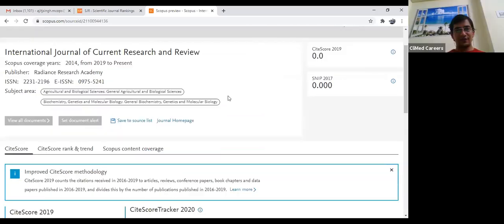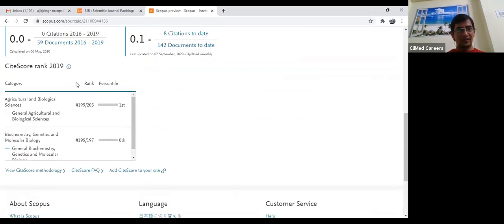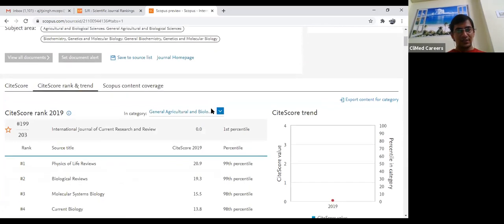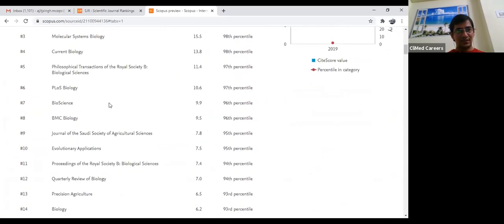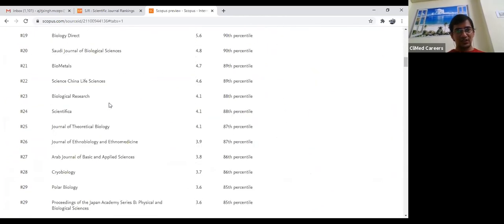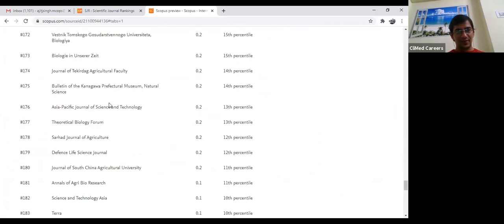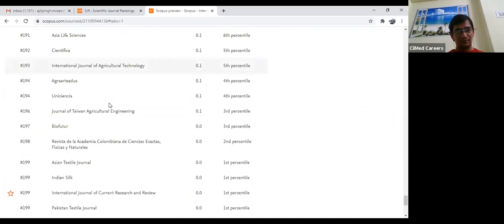You can search if you want to see more things about this journal. You can go to the rank here. In this biological science list, I think they have the top journals, and this journal, if we see, is definitely in Q4, because the citation score is 1.1 only.